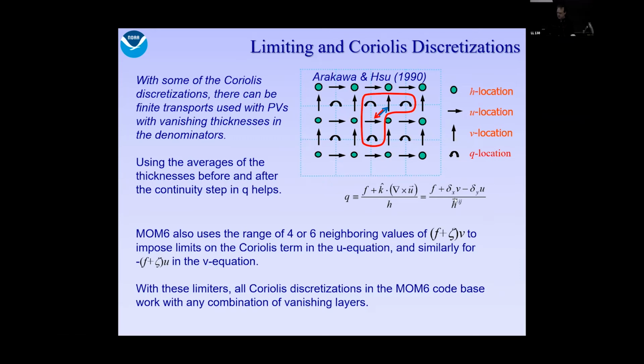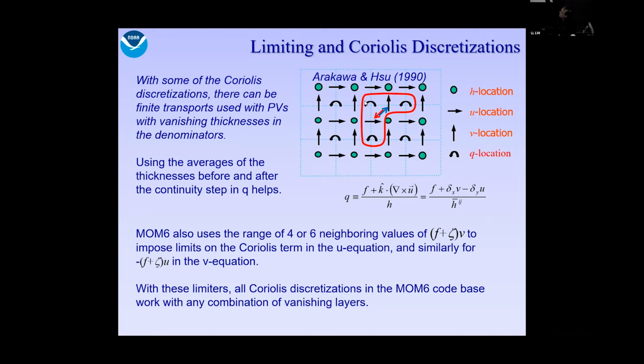And so the other thing that we do, and if you look into the Coriolis terms, you'll see some rather complicated code, but what it's doing is it's saying, okay, I have a separate way to estimate the Coriolis scheme at this V point and similarly at this U point, namely that I have either 2 or 6 potential vorticities that are kind of around that point, and I have 4 velocities, not transports, but velocities.